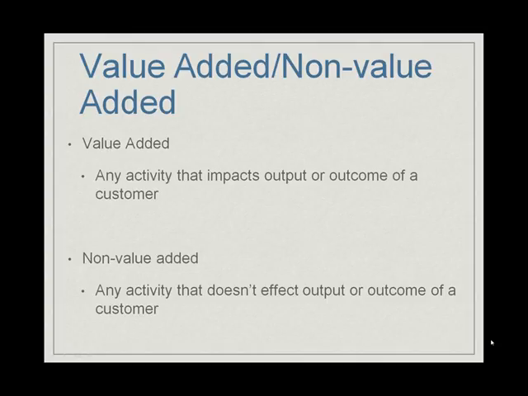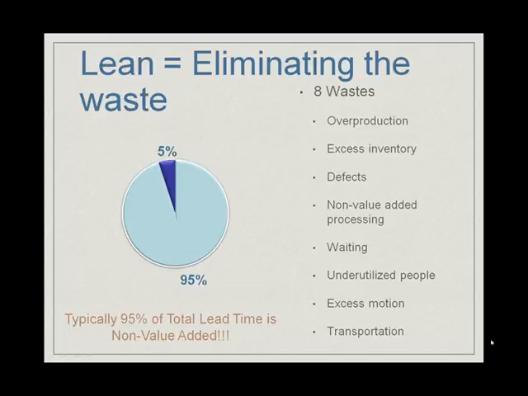When we think about value-added and non-value-added, a value-added activity is any activity that impacts the output or outcome of a customer, while a non-value-added activity is any activity that doesn't affect the output or outcome of a customer. Most processes are composed of 95% non-value-added activity.